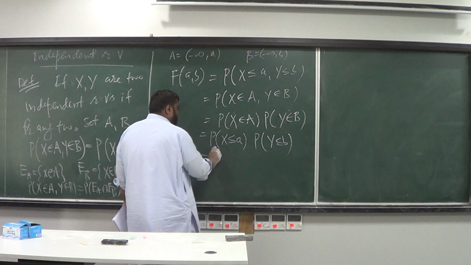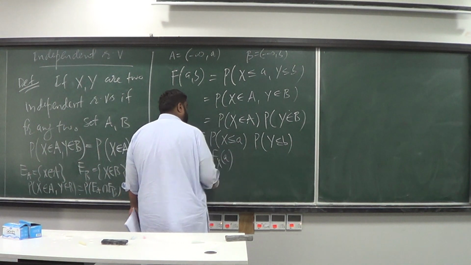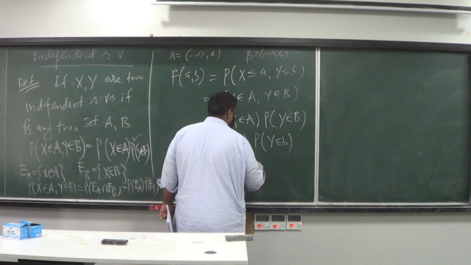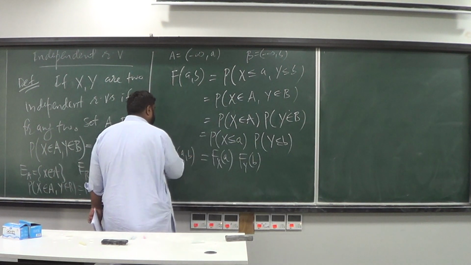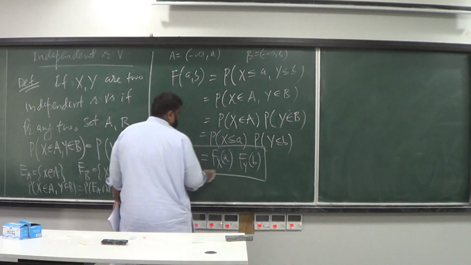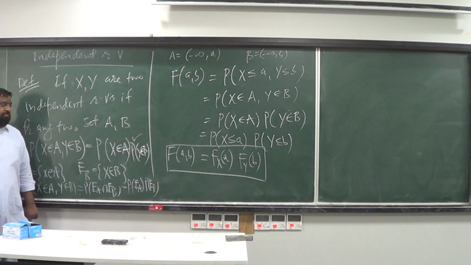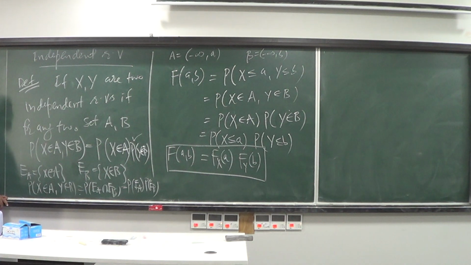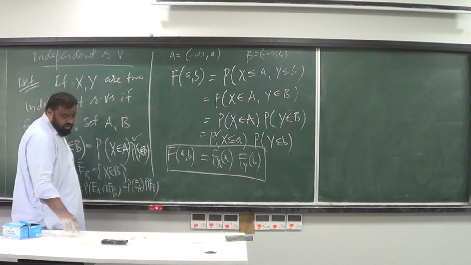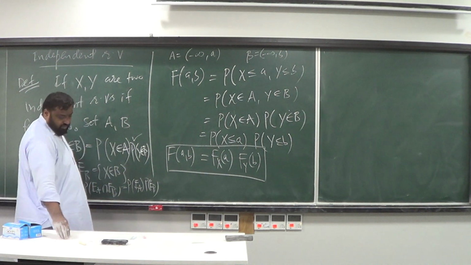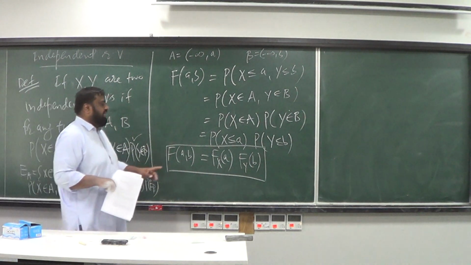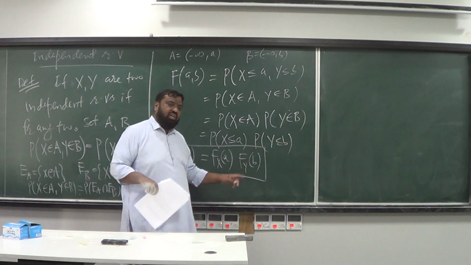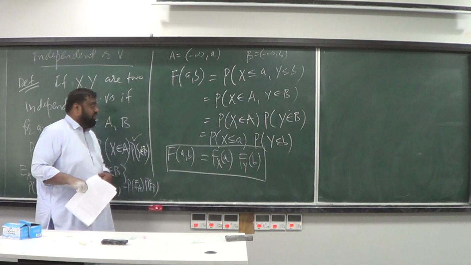This is really the CDF of X evaluated at A and the CDF of Y evaluated at B. So in other words, the joint CDF is really the product of the CDFs. The joint CDF is the product of the marginal CDFs, or the individual CDFs of X and Y. Okay, so this is what it is going to be.